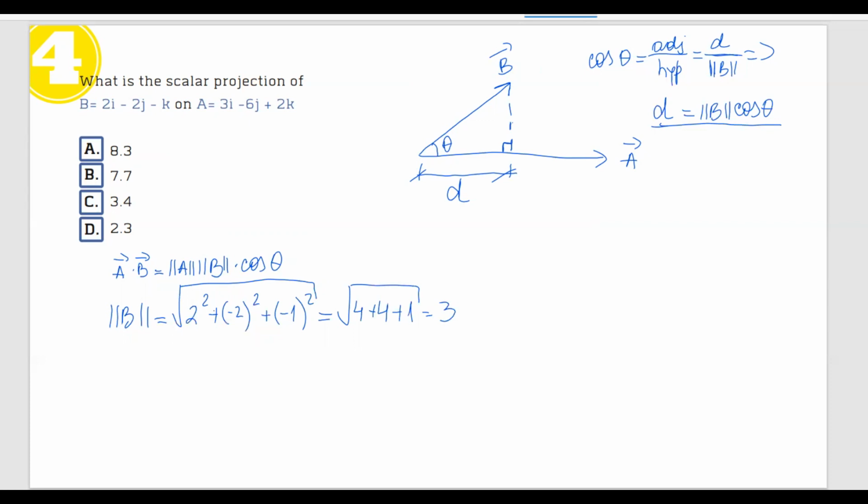We're going to go back to the formula of the dot product, which equals magnitude of A times magnitude of B times cosine of theta. And also we're going to use the formula for the dot product where we multiply the corresponding components.